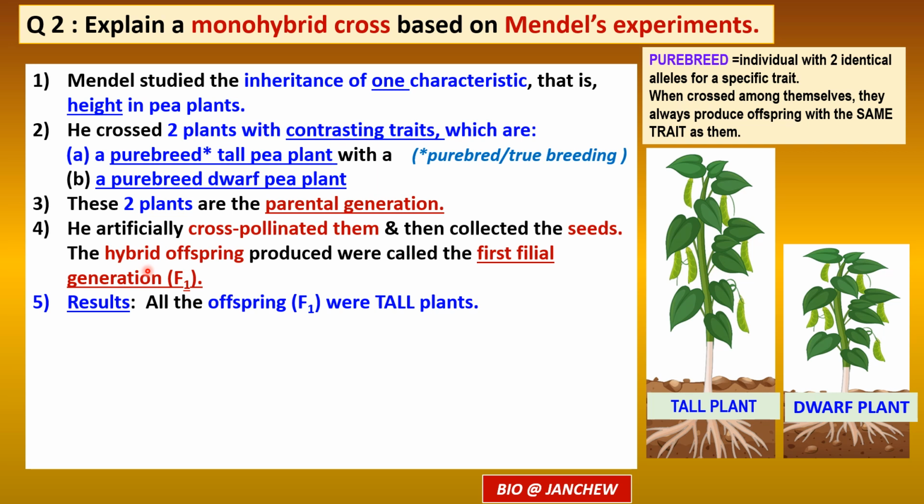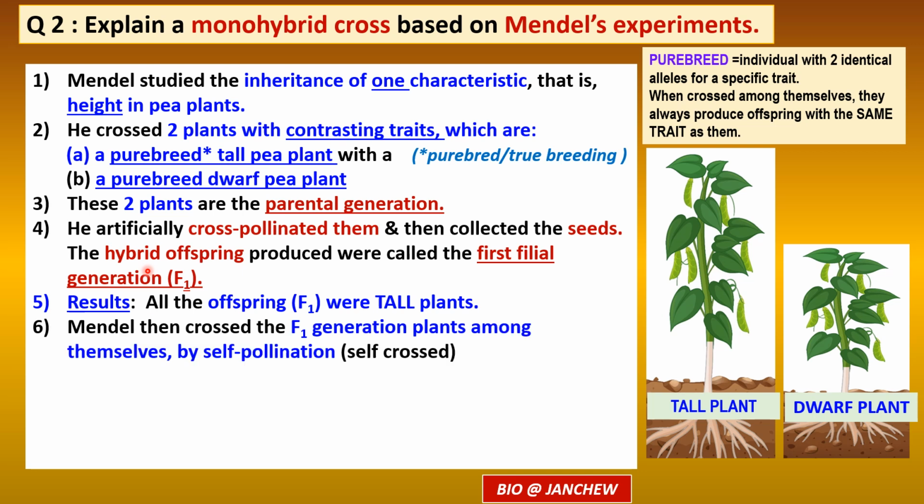So where did the trait of dwarf plant, or short stem, go to? Did it disappear? After that, Mendel crossed the F1 generation plants among themselves by self-pollination. So he took one F1 plant and pollinated it with the pollen from another F1 plant.